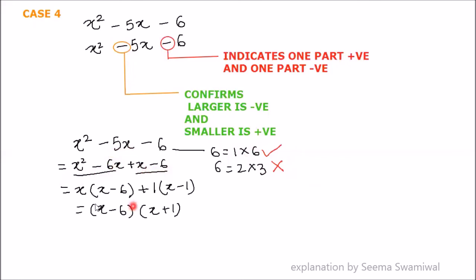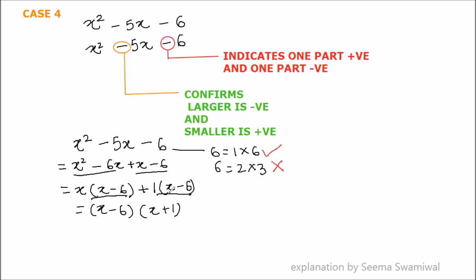Minus 6. And then from these two terms, we are able to take x common. Inside we are left with x minus 6. From here we will take plus 1 common. Inside we are left with x minus 6. And then the x minus 6 bracket is there with both.